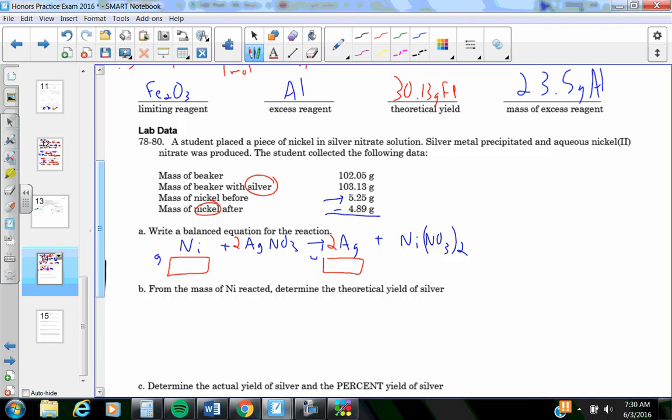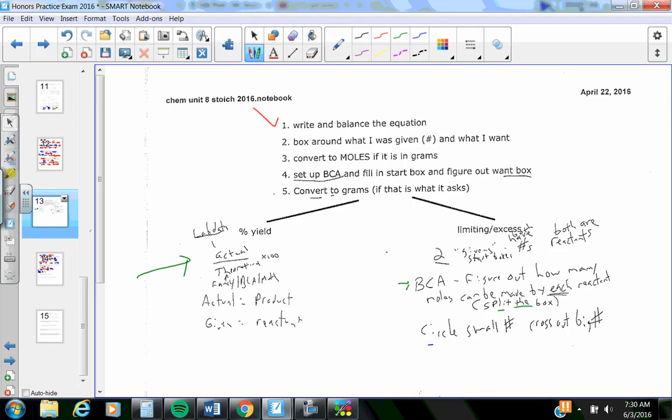Subtract those two, 5.25 grams of nickel minus 4.89 grams of nickel, and that's going to equal 0.36 grams of nickel. We had 0.36 grams of nickel that got used. I know we had more than that, but we only used that much. Box around what I was given. I already did that. The numbers that I want.